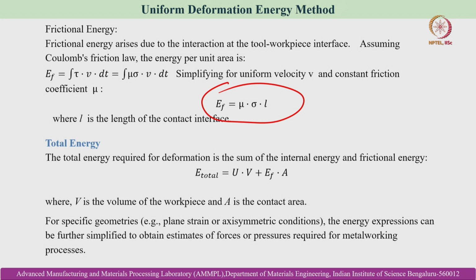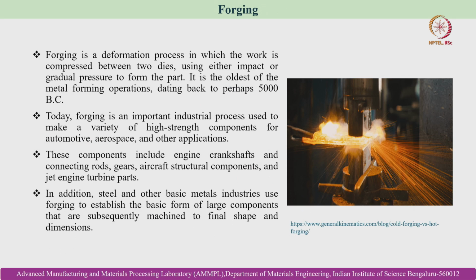So, the total energy becomes the internal energy multiplied by the volume of the workpiece, and the frictional energy multiplied by the contact area, E_F into A. So, this is the total energy. For specific geometries, that is plane strain or axisymmetric conditions, the energy expressions can be further simplified to obtain estimates of forces or pressures required for metalworking processes.